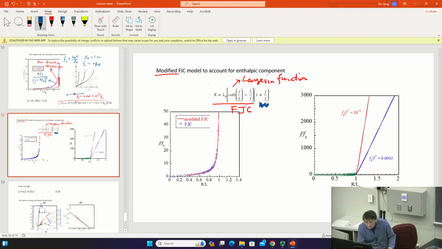The blue symbols in this plot, I should have the L0, I have it L0 there, is what we just showed, that Langevin expression, okay? The red is to add this term.